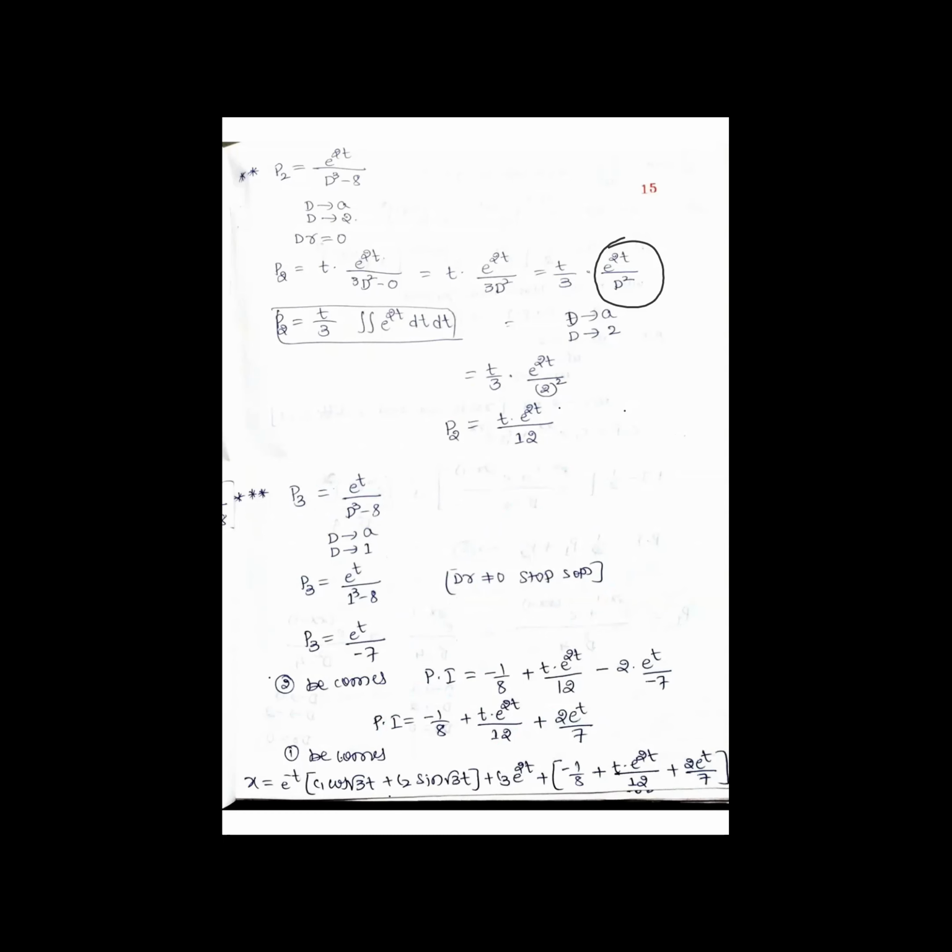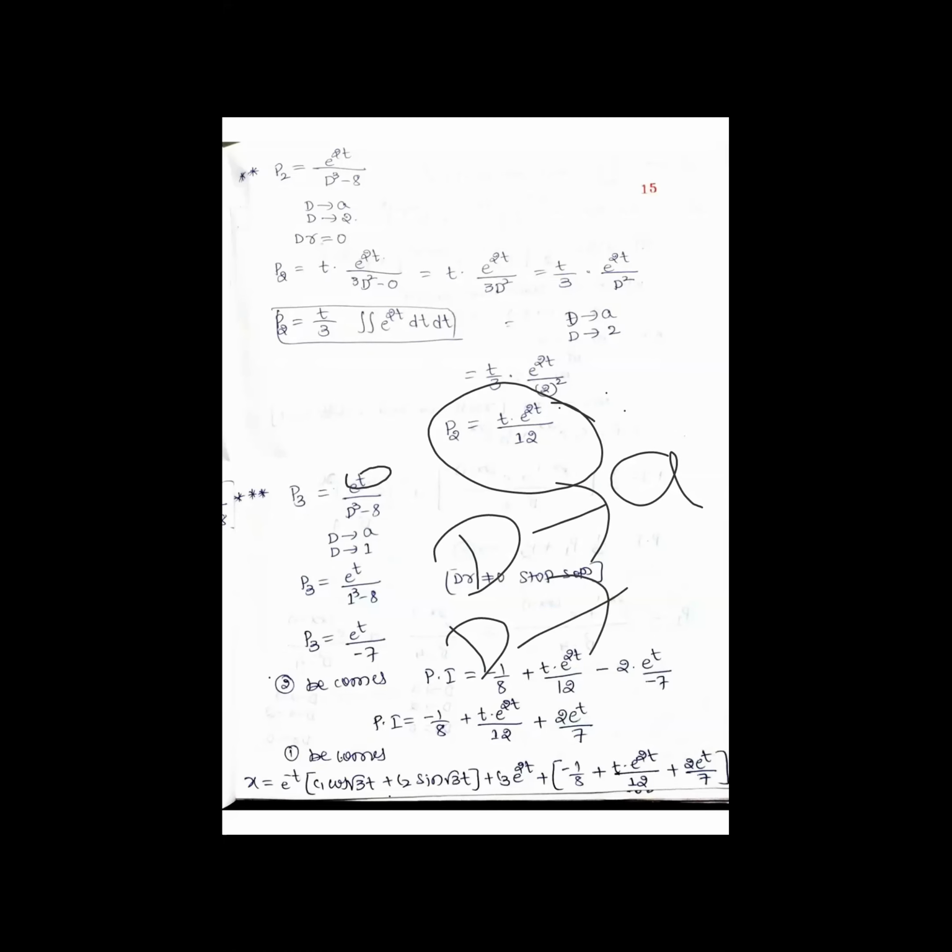Or else you can use this also. D is replaced by a, means 2. So t into e raised to 2t divided by 3 into 2 square, that is 4. 4 into 3 will be 12.